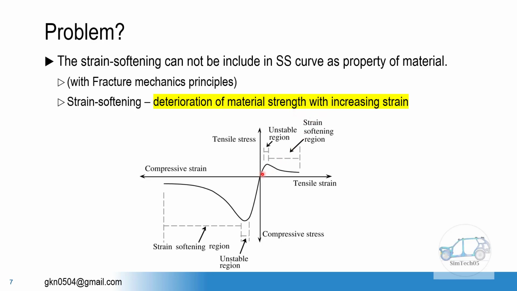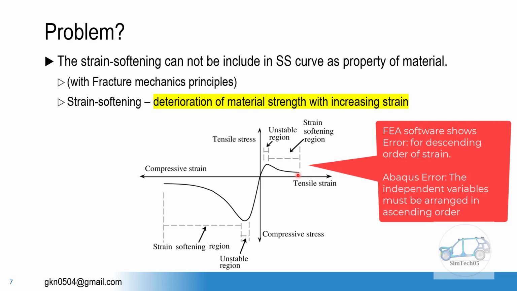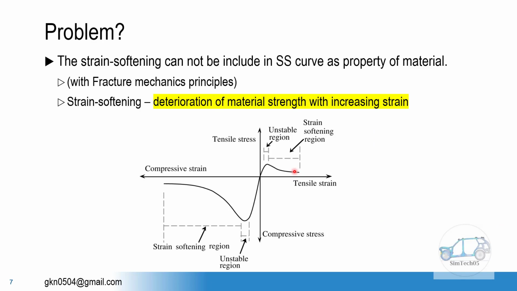Here we can see the stress value somewhere at this position, but even if we define a lower stress at this point, the strain is still going to increase, and that is nothing but your strain softening behavior. This is difficult to define within the material property. Till that time we were unable to define strain softening behavior within the material, so that was the big problem.